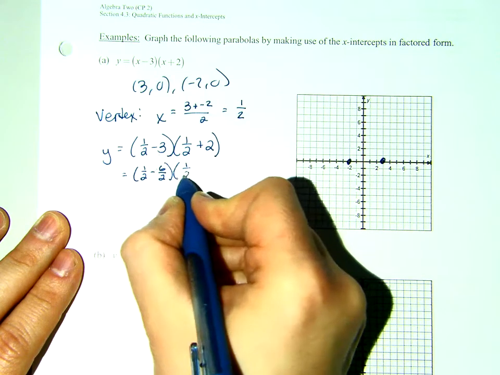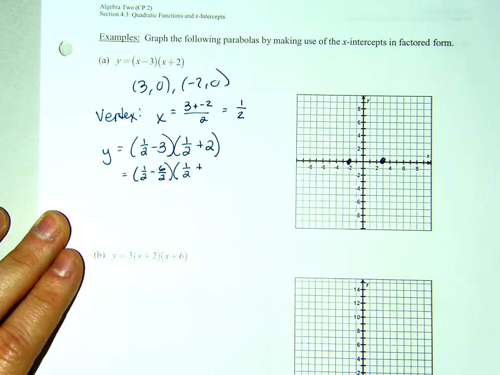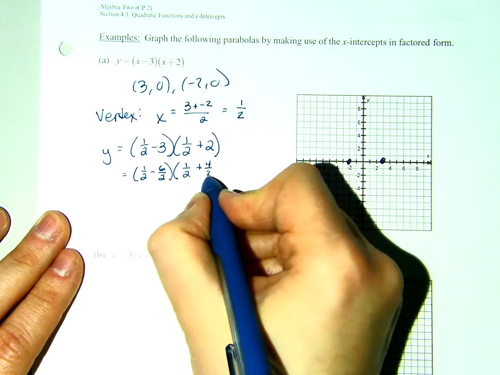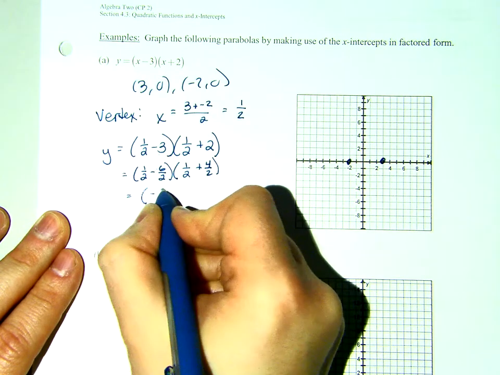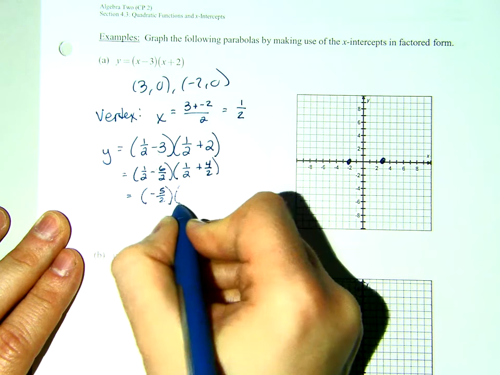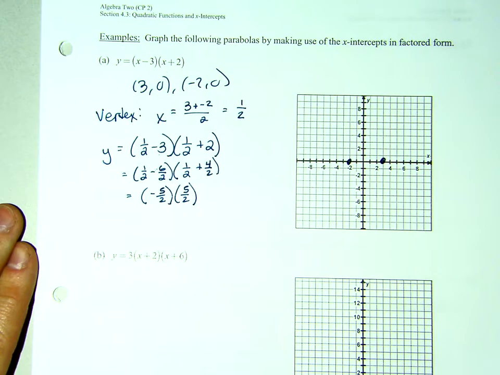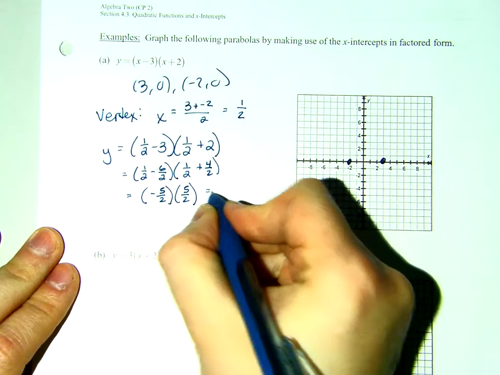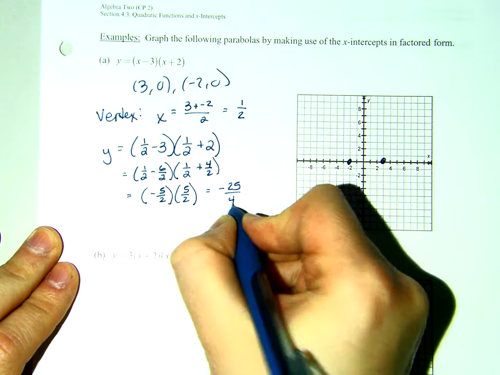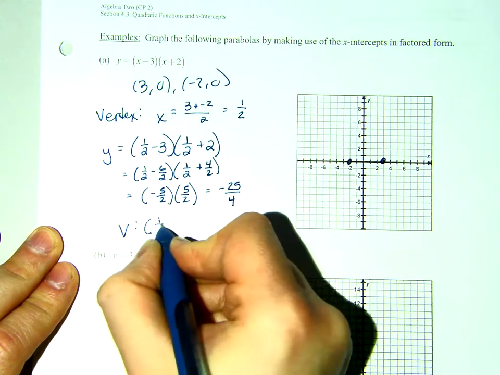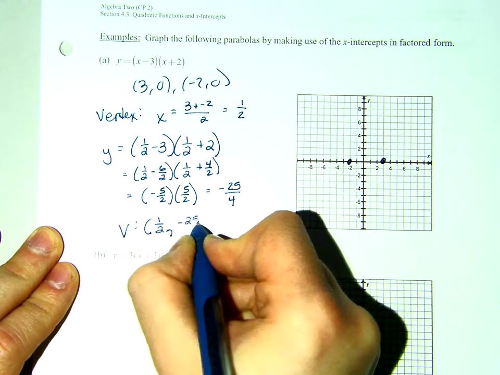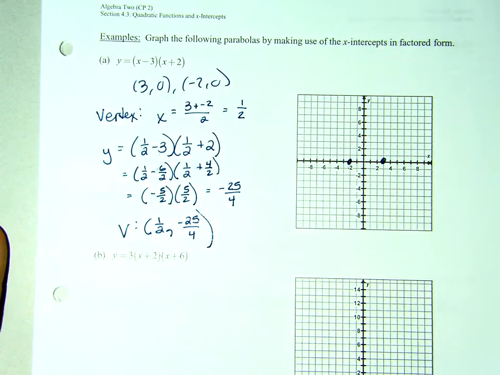And the other one's like saying a half plus what? 4 over 2. First set of parentheses is negative 5 halves. Second set of parentheses is 5 halves. So what is it? Good, I just didn't hear the negative part. Negative 25 over 4. Your vertex is a half, comma negative 25 fourths.